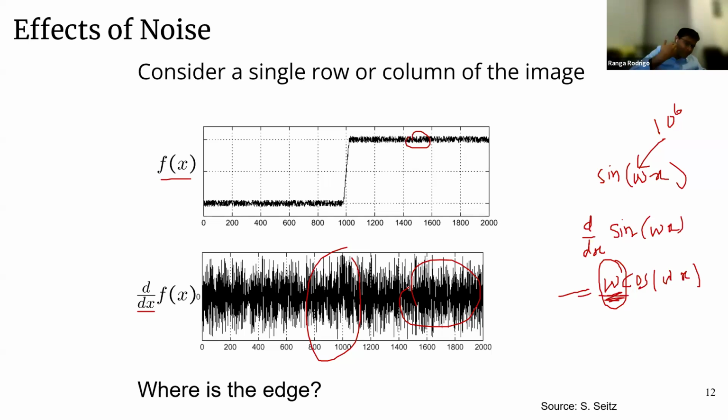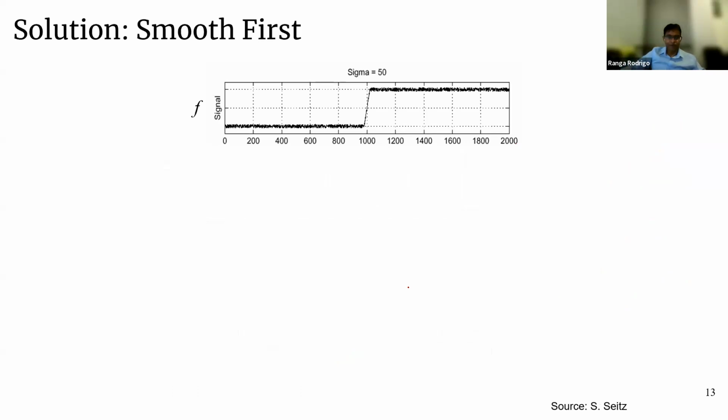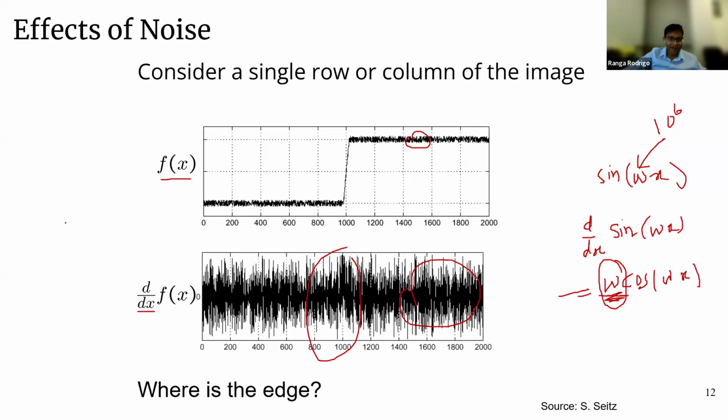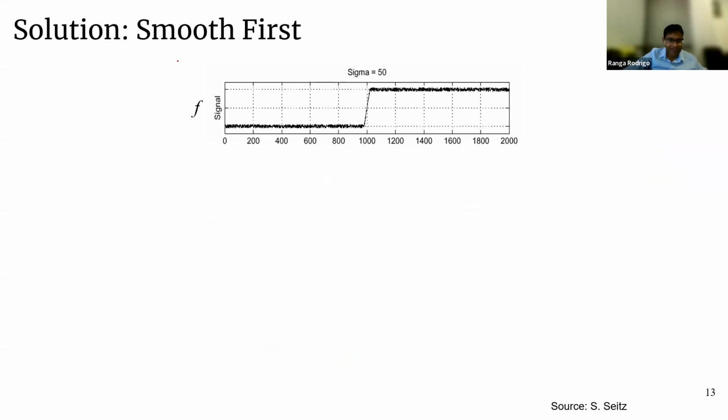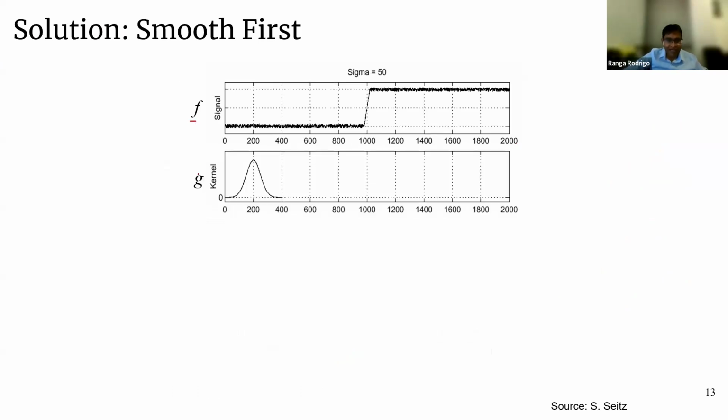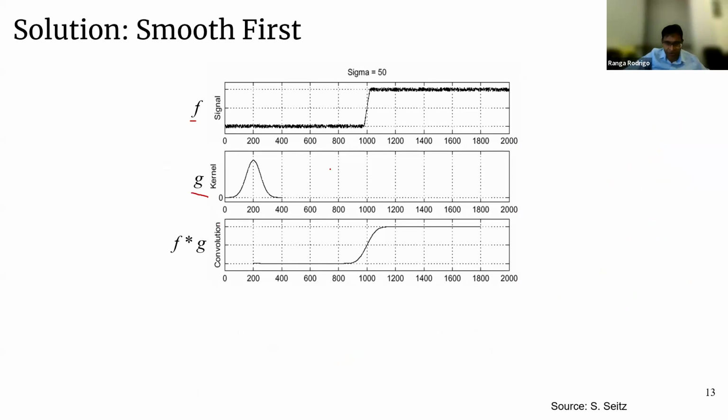So what that means is before you detect edges, that is before you run the derivative operator, you have to smoothen the image. Otherwise, you will get a whole lot of noise. So this is exactly what you need to do. First of all, you have F here. That's our image. And then we have to run the Gaussian kernel to smoothen that. Since it's a 1D image, I'm showing a 1D Gaussian kernel. So you run that and then your image gets smoothened out, noise is gone.